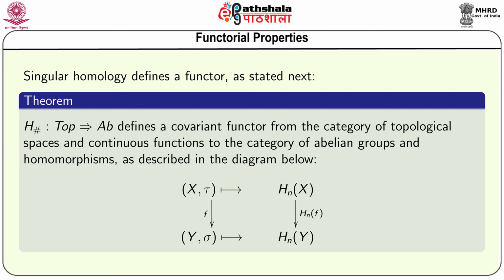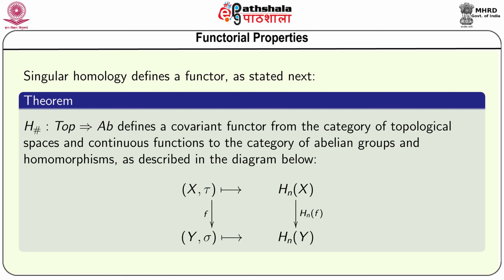So, if I take x, a member of Top, that will be assigned to Hn(x) for each n, and for y belonging to Top, we assign that to Hn(y), a member of AB.